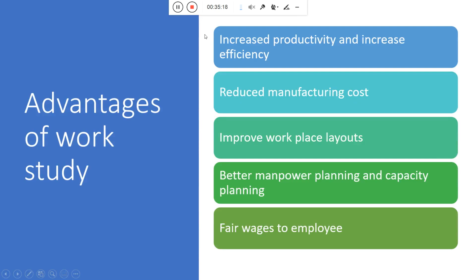I think today we already discussed more than enough. Please digest all these things related to work study. In the next session we will discuss all the steps we need to follow to apply work study, and we will apply those steps to a particular organization and see how it actually works.